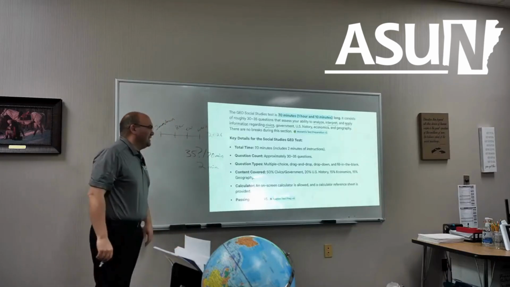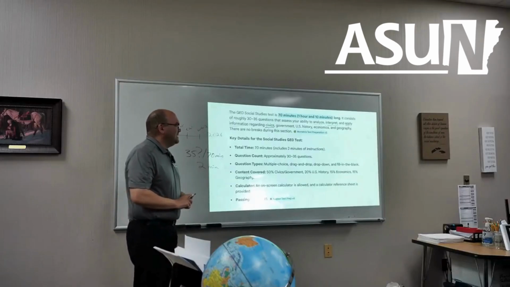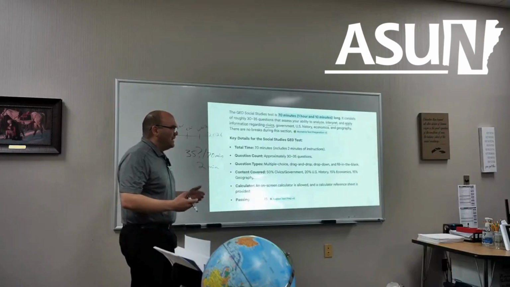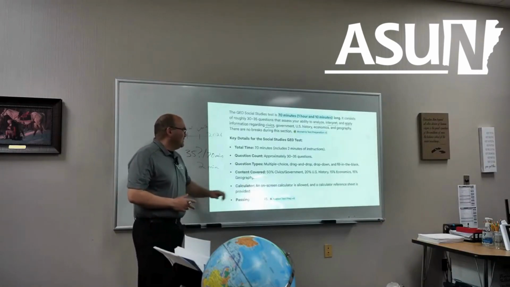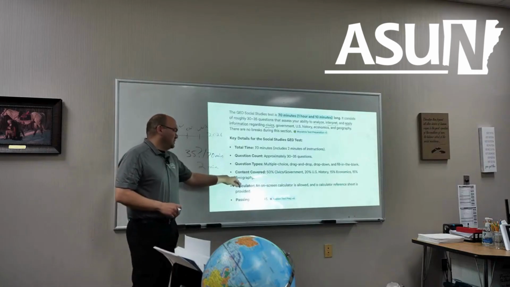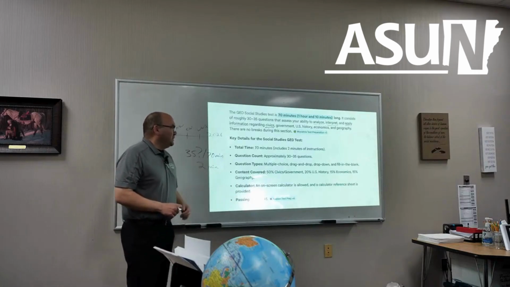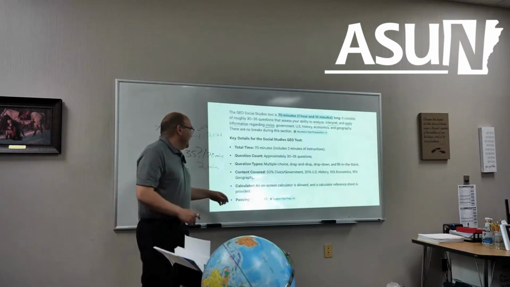We'll talk about that later. 15% is economics. Most of that is like supply and demand. How does that stuff work? And then 15% is geography. At the end, I'm going to show you this cool website that you can work on your geography through little quizzes.